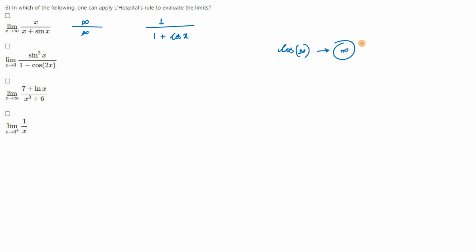So we cannot determine this function value. We cannot write this as infinity. Why? Because the function value will be in between 1 and 2. In between 1 and 2 we don't know which value of this exists, right? So we cannot determine this by applying L'Hospital's rule.